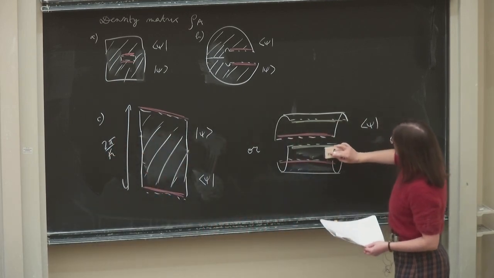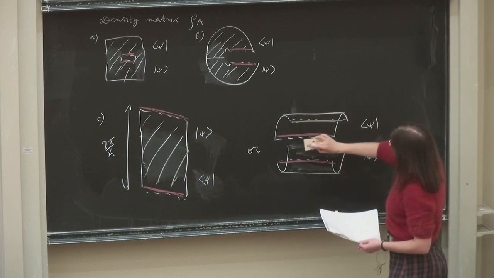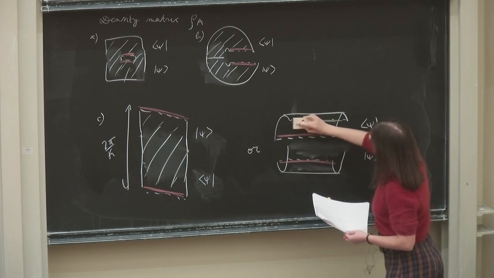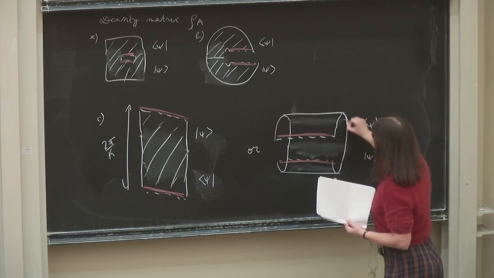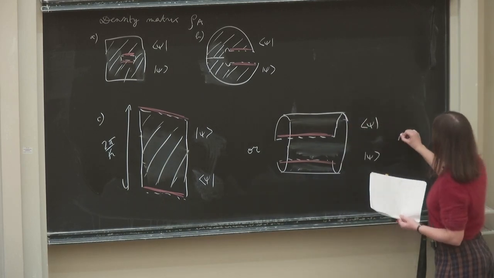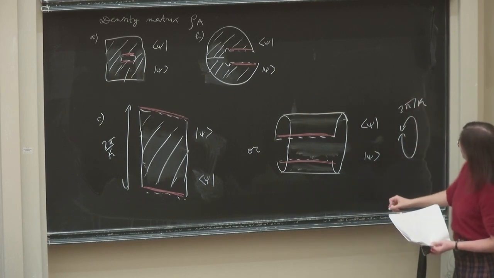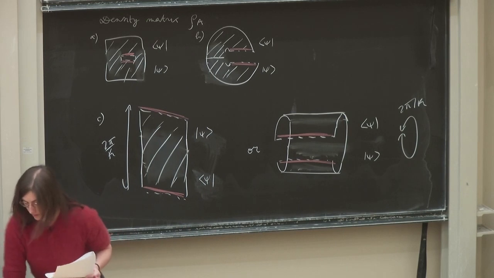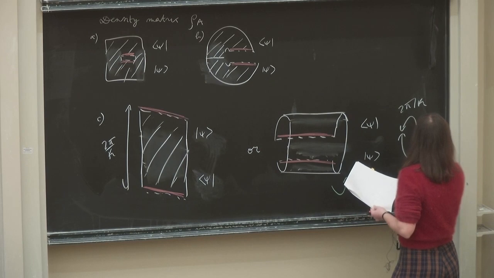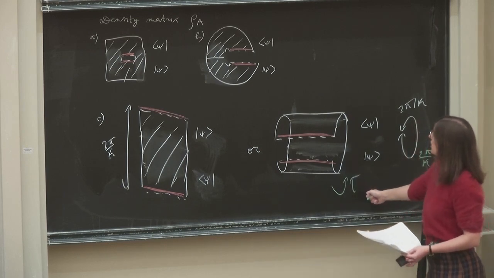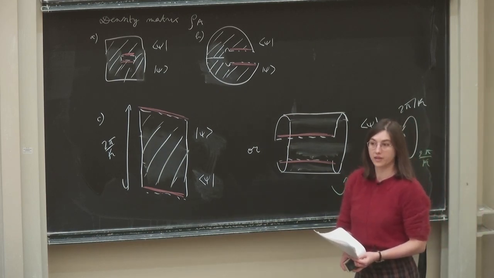Or we glue over the green lines in the cylinder picture, which means attaching the back ends of these half cylinders and gluing them together. Like so. So that now you have a cylinder of length 2 pi over kappa in the tau direction, but with a slit so that you don't actually close the cylinder completely.